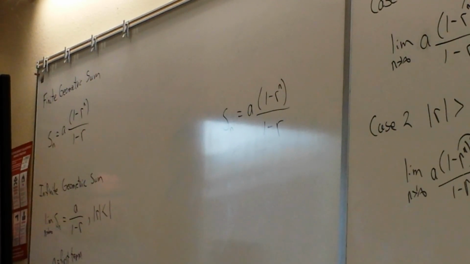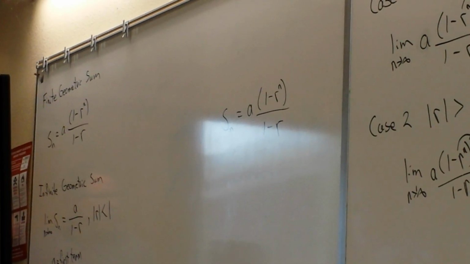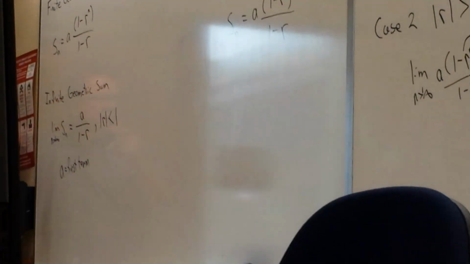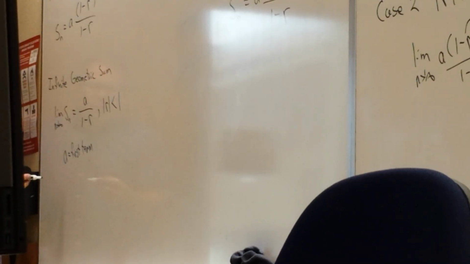Sometimes the first term begins with n equal to 0. So that does not always match up with a sub 1. Does that make sense? And r is the common ratio.